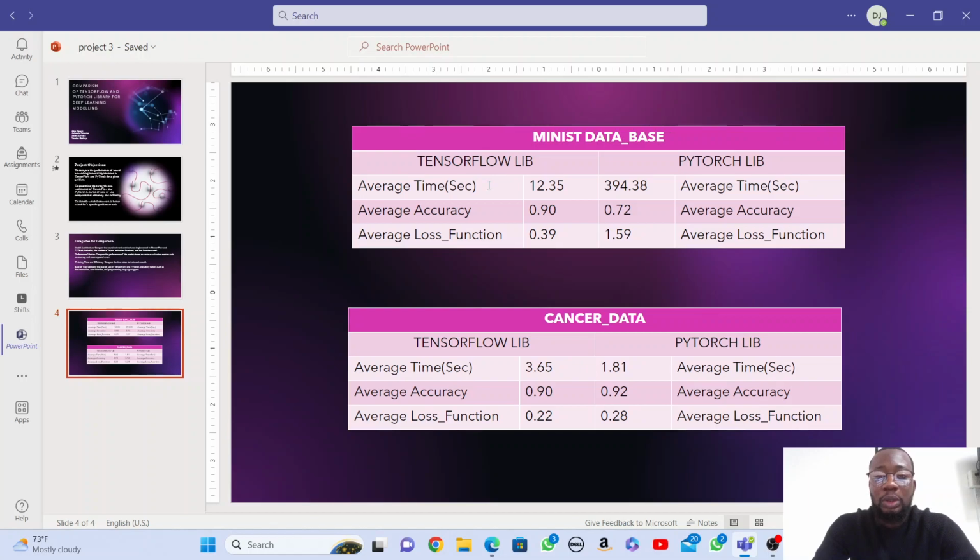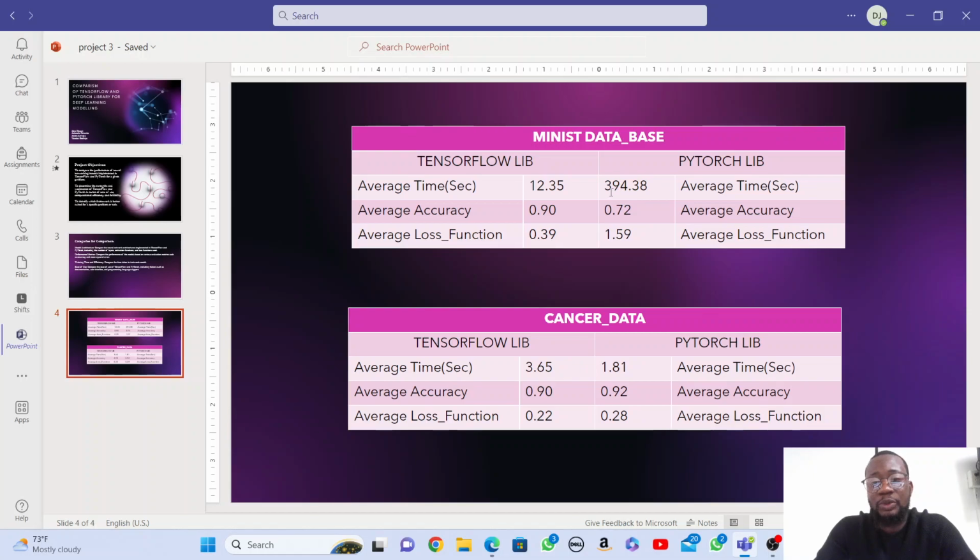For TensorFlow, the average time taken was 12.35 seconds, and the accuracy is 90%. For the average loss function, we have 0.39. On trying to run the PyTorch, it obviously took much more time.